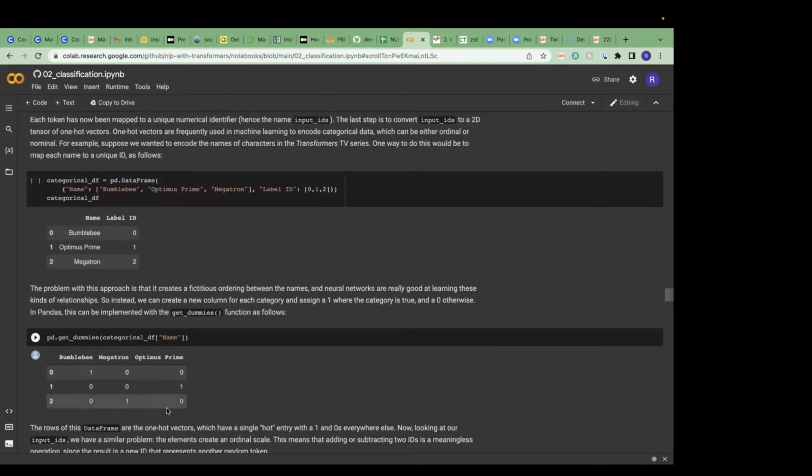So I think the one-hot vector scheme is mainly used when you don't have a ton of classes or labels that you need to vectorize.